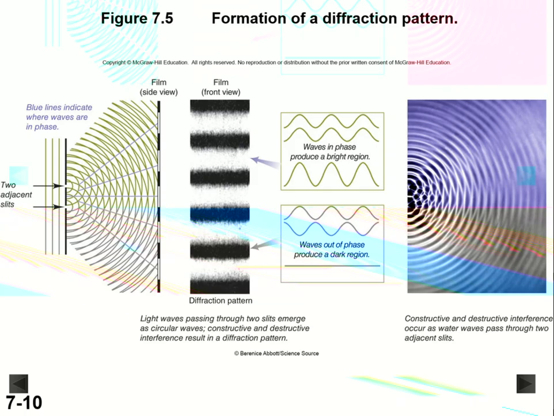And you may have experienced this with sound waves before. If you're in an auditorium and there are two speaker banks on either side of a stage, if you walk through the room, you'll hear loud spots and quiet spots. The quiet spots are where the waves are out of phase and you've got destructive interference.